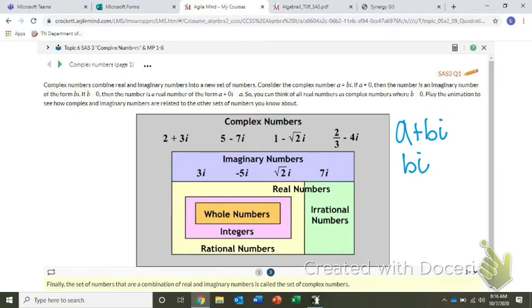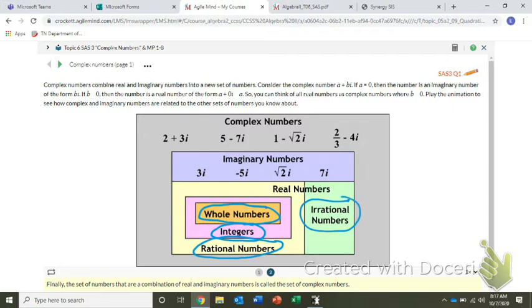And then the last box are just plain old what? Look at your choices. What's the last one? They're real numbers. Okay? Real numbers right here. Real numbers include whole numbers. They include integers. They include rational numbers. And they include irrational numbers.